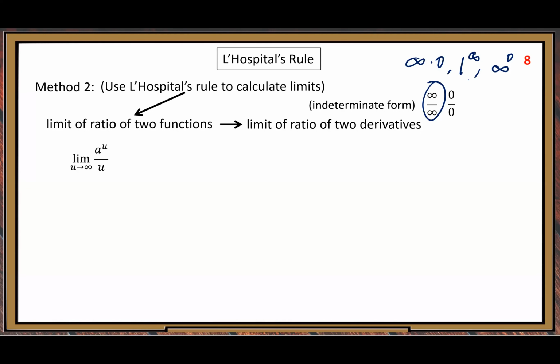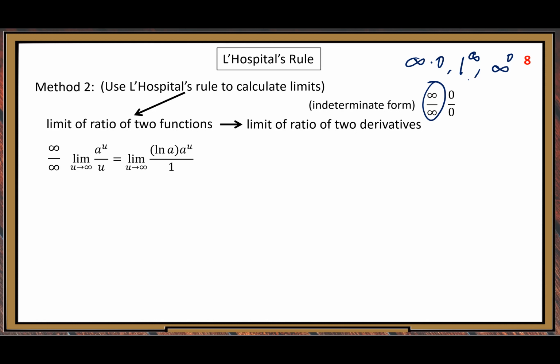Now let's look at a to the u over u. We know this is an indeterminate form: the numerator function goes to infinity, and the denominator function also goes to infinity. So no problem, we can apply L'Hopital's rule here. Then we take the derivatives.